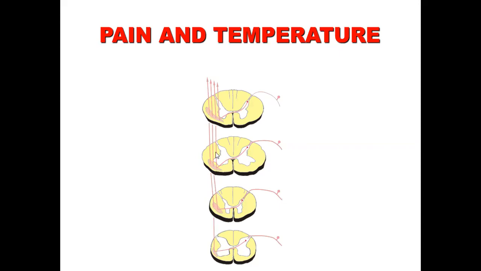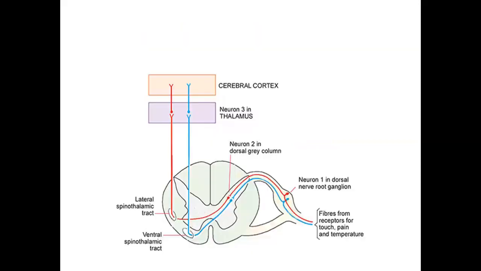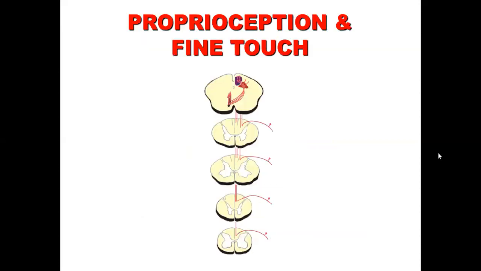In the brainstem they form the spinal lemniscus, and in the thalamus they synapse with the ventral posterolateral nucleus. Then they go through the posterior one-third of the posterior limb of the internal capsule, corona radiata, and sensory cortex. This picture shows the same thing.